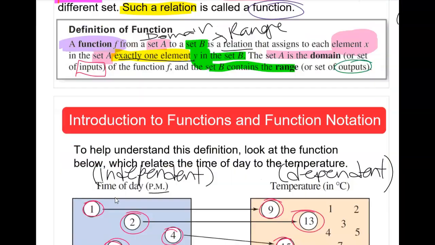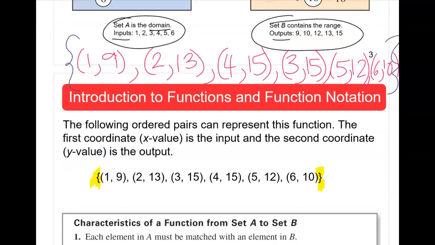Remember, the set of all inputs is called the domain. And then we have the y values for each ordered pair, and those are the outputs: 9, 13, 15, 15, 12, and 10.